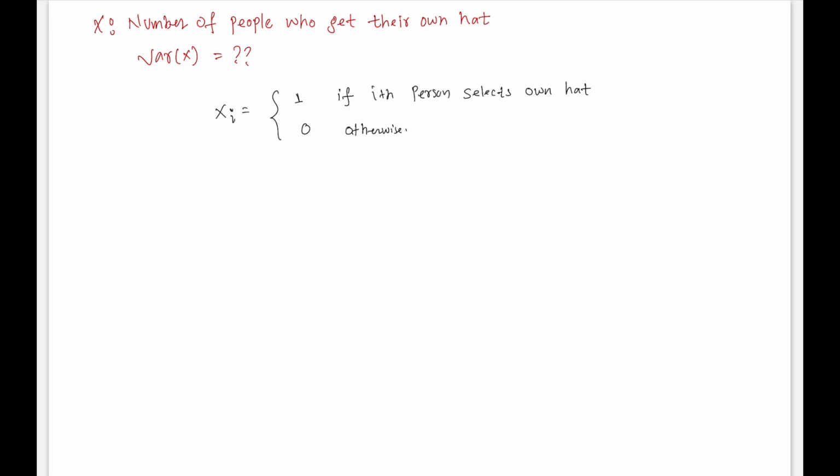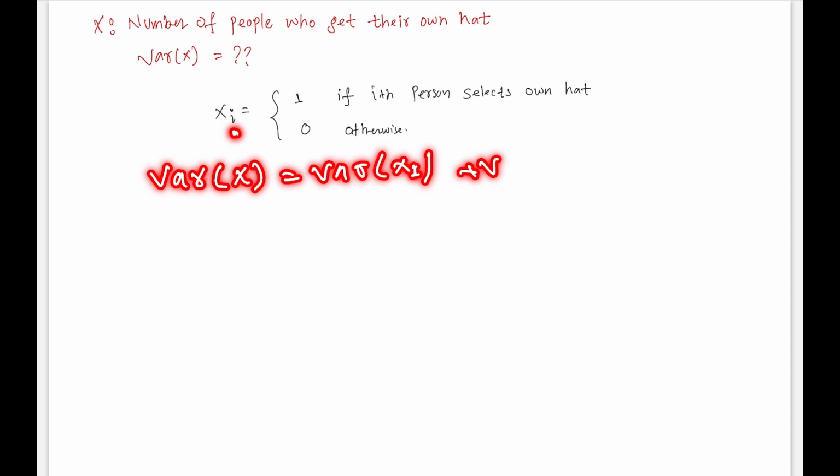But here the thing is that, unlike the expectation, we cannot say that the variance of this random variable x will be the variance of the first random variable, x1, plus the variance of x2, plus the variance of xn, and so on. Why can we not do that?